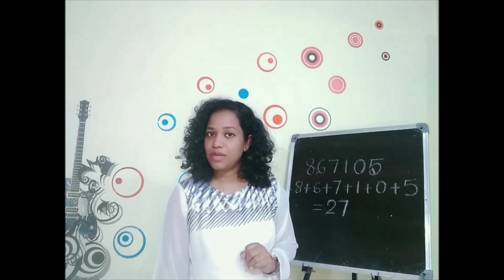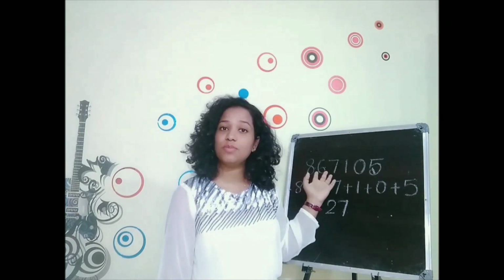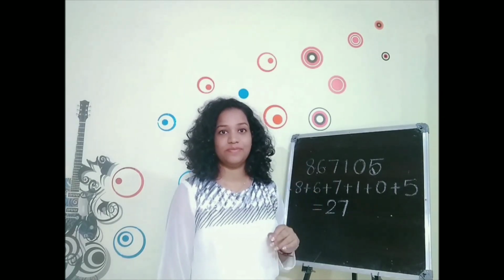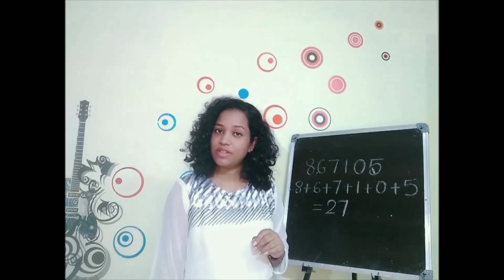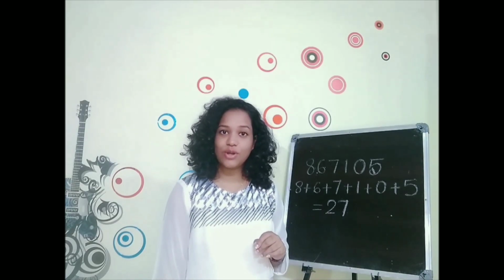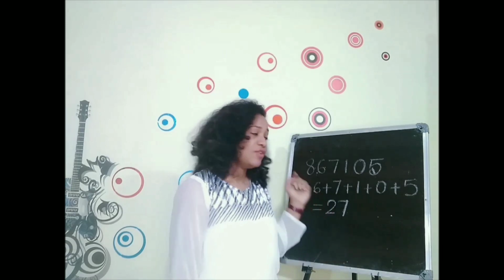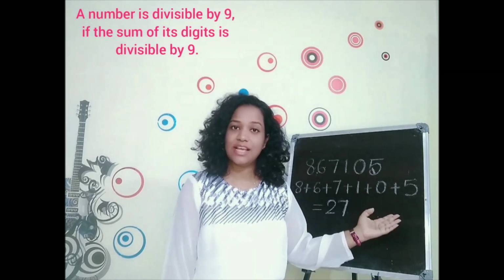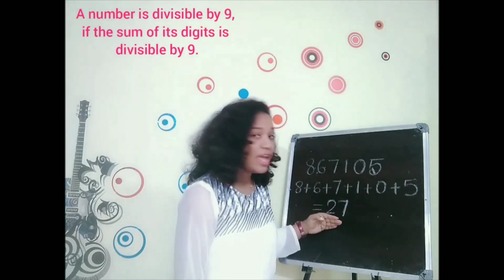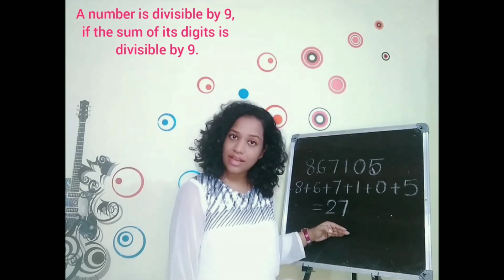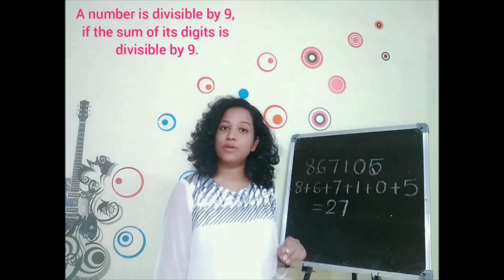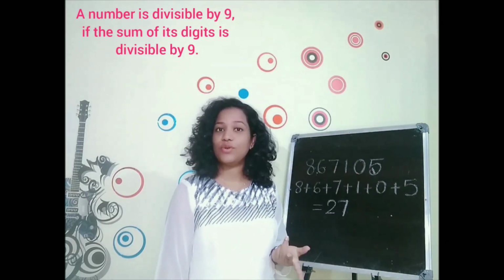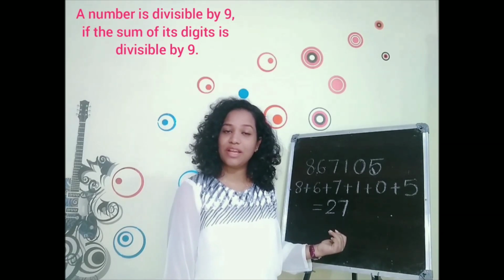And can you tell me whether this number is divisible by 9? How do we check whether this number is divisible by 9 or not? Same way, we should add all the digits and if the answer is divisible by 9, this number is divisible by 9. So we all know that 27 is divisible by 9.